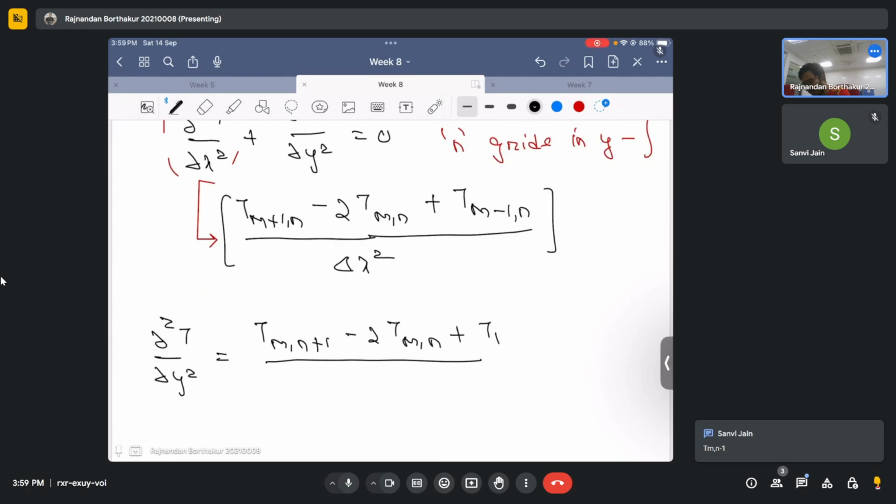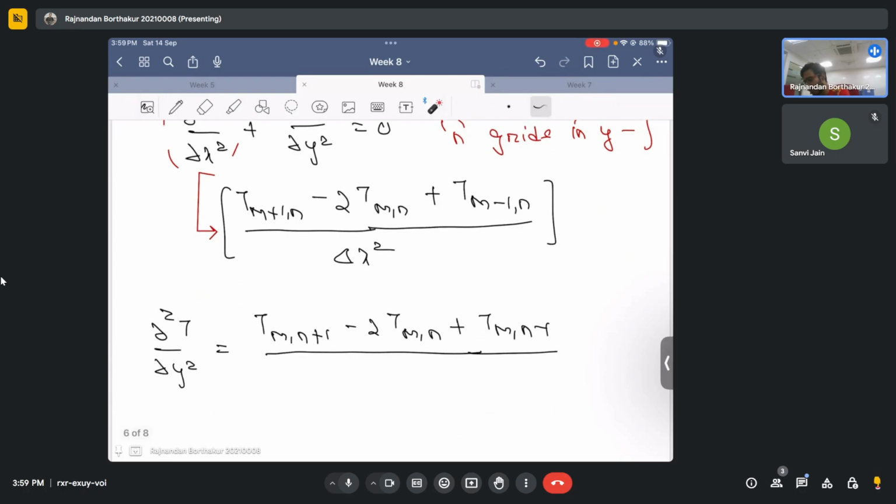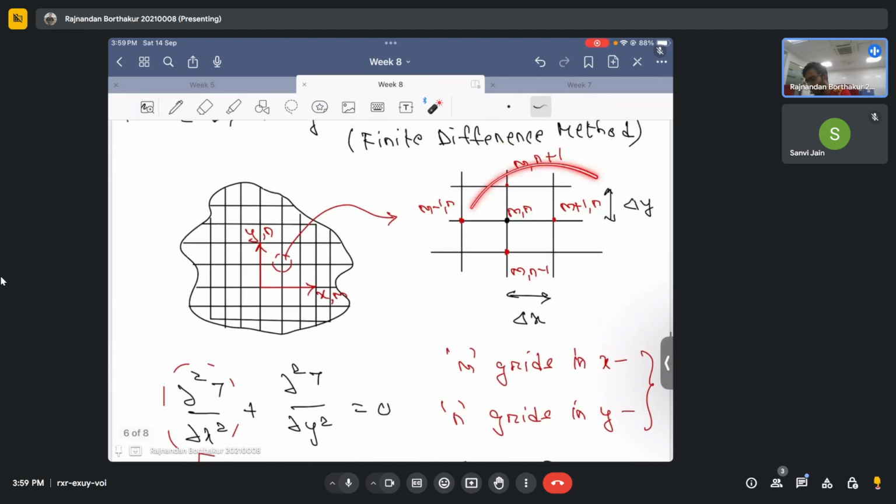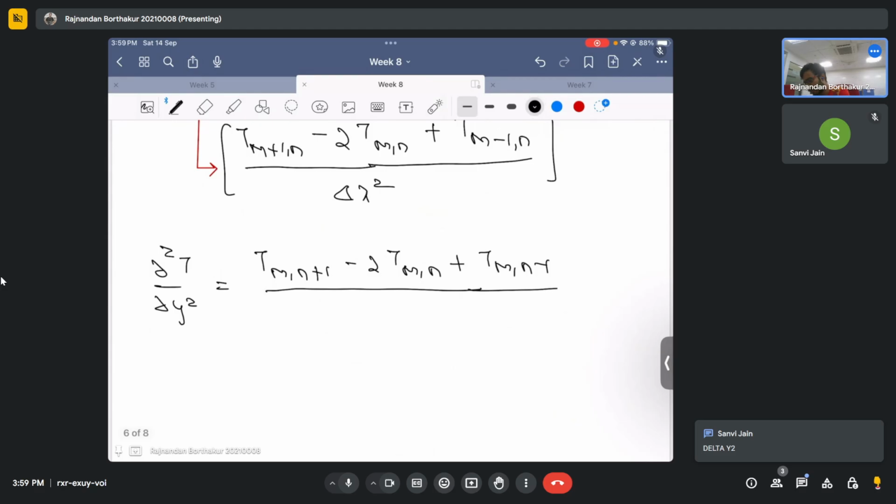It will be T of m comma n minus 1, divided by what? Keeping this picture in mind. It would be just delta y square. Yes, exactly. Delta y square.